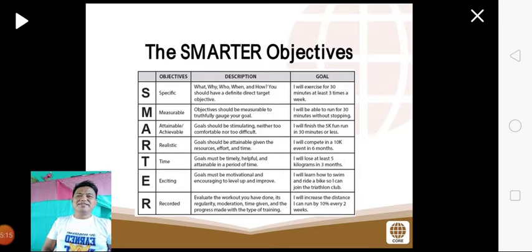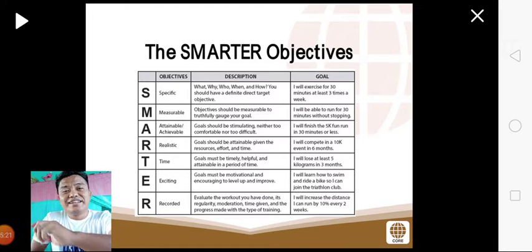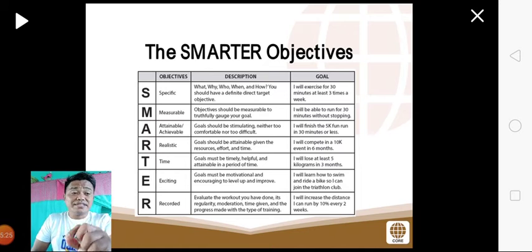Next, the last one is the R, which is recorded. Dapat recorded tanan ang inyong gapang buhaton. Because in exercise, if you don't have a record, wala mo kabalo kung kapila naman ka week, kapila naman ka days, and in one day, pila ka hours. So that is the SMARTER objectives.